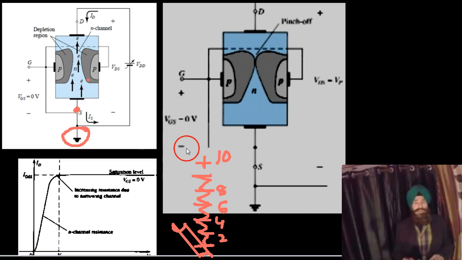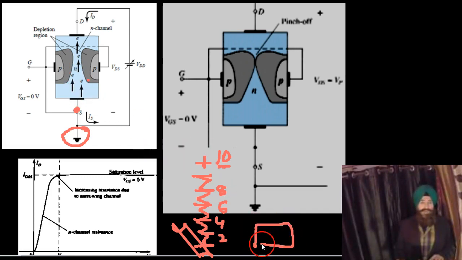Now just see, the potential is positive and this is an N channel. If a positive voltage is applied to N, what happens? Reverse biasing with respect to P. So this is N, this is P, and because of this potential, which is more positive towards the drain, reverse biasing is applied to the PN junction, but it will not be uniform from here to here.